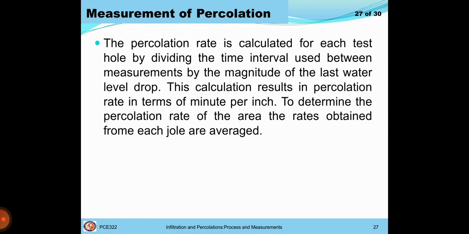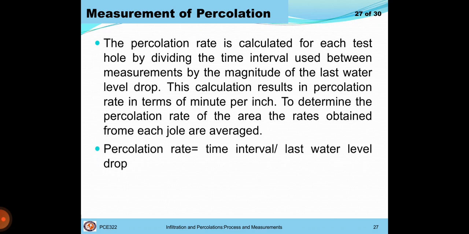This calculation results in percolation rate in terms of minutes per inch. To determine the percolation rate of the area, the rates obtained from each hole are averaged. So, percolation rate is equal to time interval divided by the last water level drop.